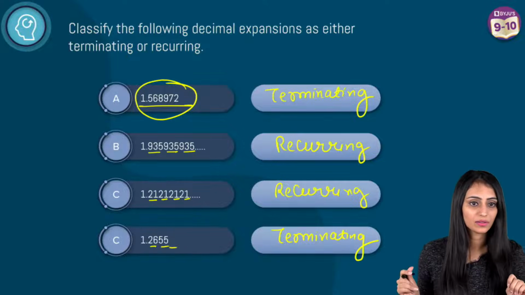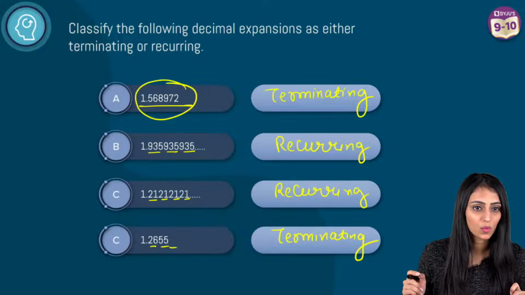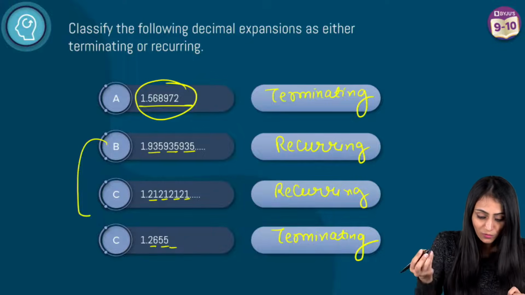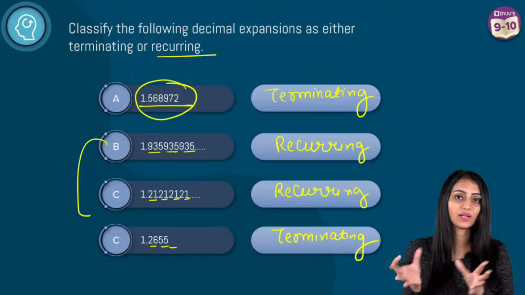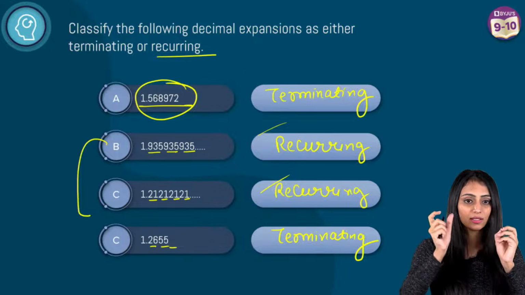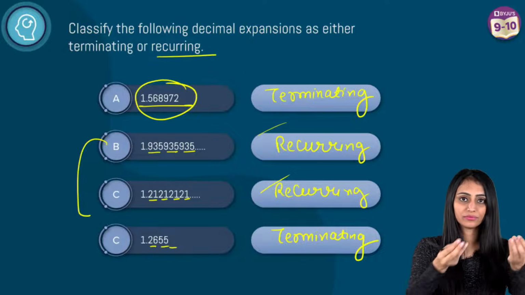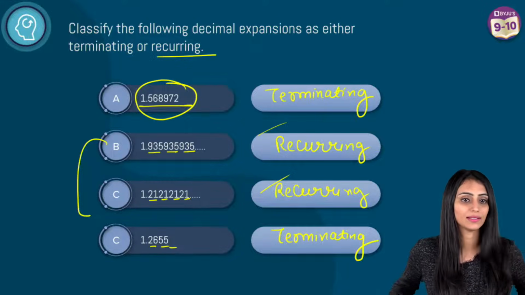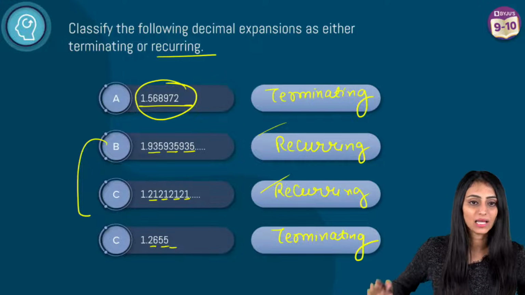Yes, Shifa Ahmed. Both B and C are also non-terminating. Yes, that's right, because the question says terminating or recurring. Yes, you're right. It's non-terminating, recurring. If the question asks what kind of decimal expansion it is, you can just write the whole thing. I will talk about that.